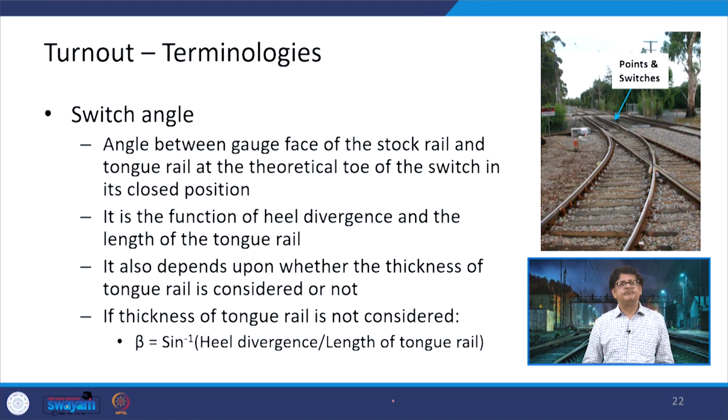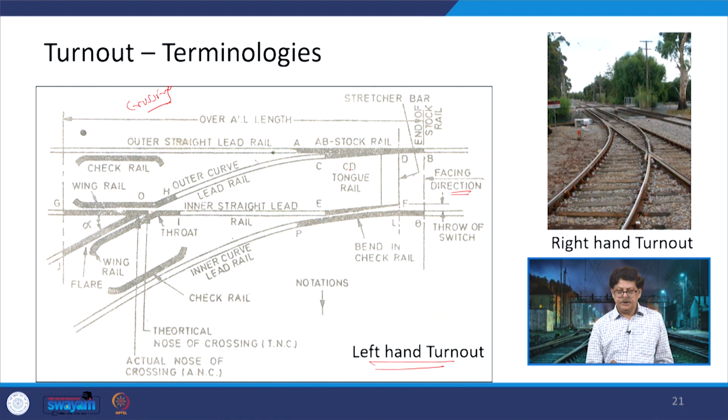Now, switch angle, this is another thing. This is the angle between the gauge face of the stock rail and the tongue rail at the theoretical toe of the switch in its closed position. So, here this is an open condition and there it is a closed condition. So, at this point there is a block being provided.